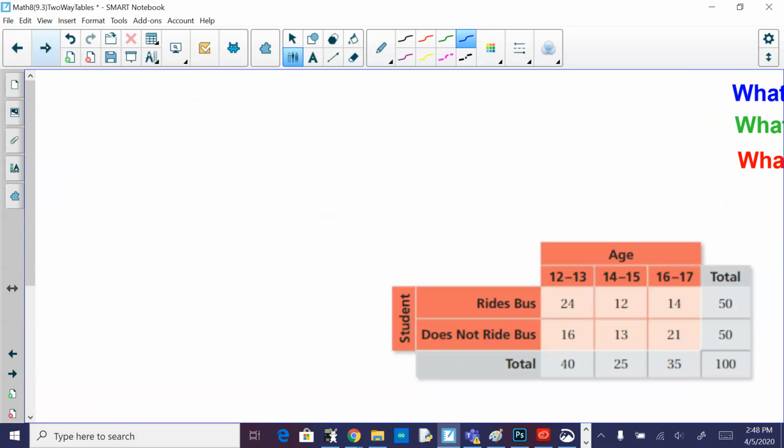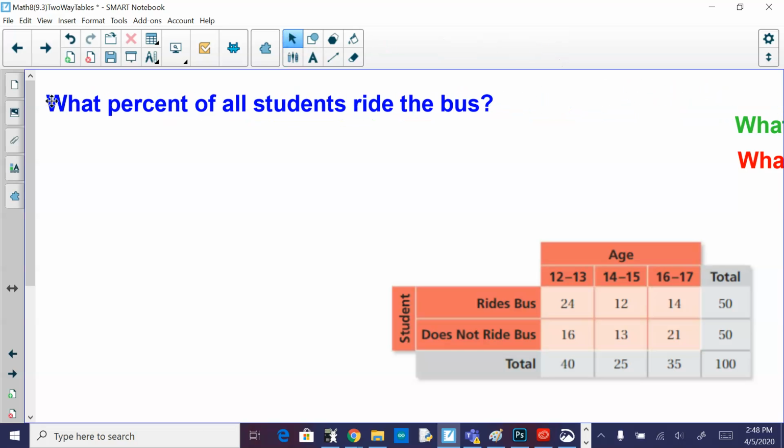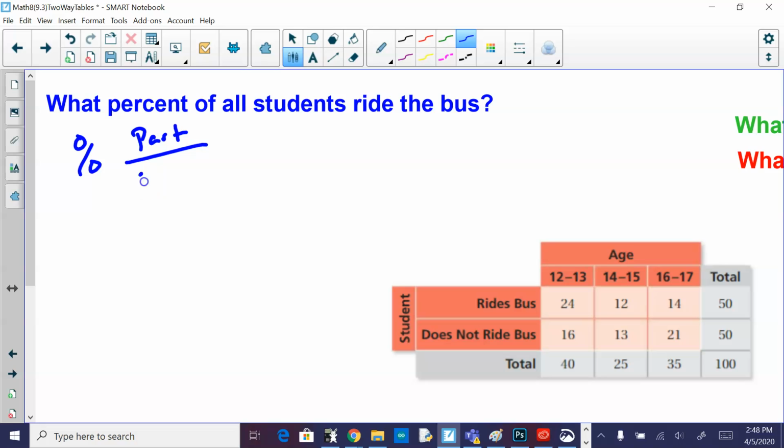Okay, there are some more questions that we need to ask with this. What percent of all students ride the bus? Remember that percent is part divided by the whole. So we really need to look at the question. What percent of all students? It's saying out of all students. Where do we find that number?